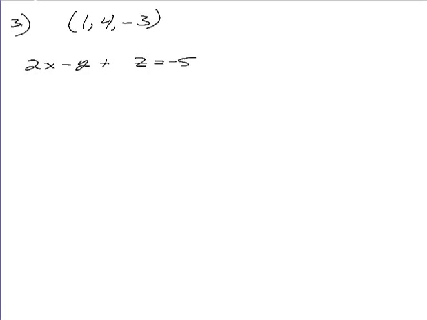Everybody all right with that? Yep. Second equation in the system is? 5x plus 2y minus 2z equals 19. Good job. Third one is? x minus 3y plus z equals negative 5. Okay.